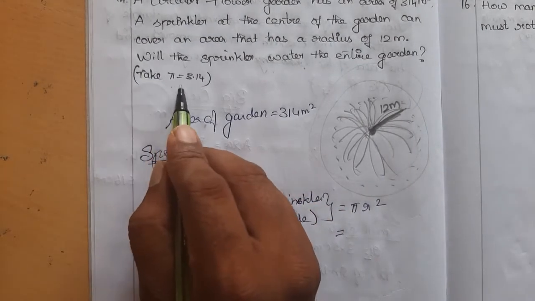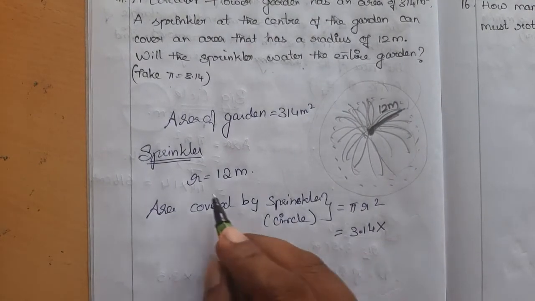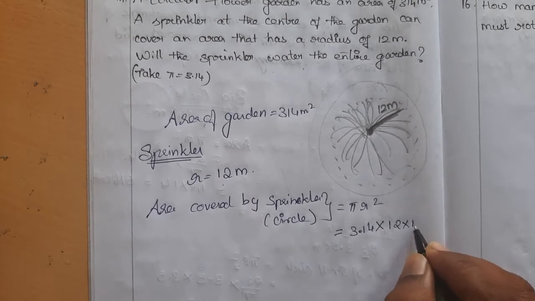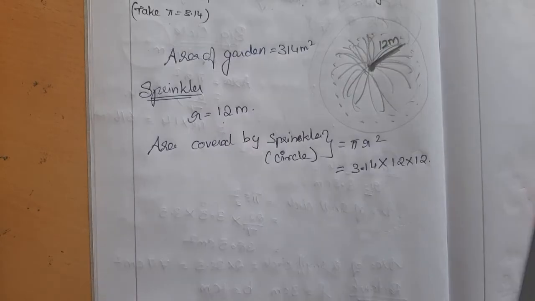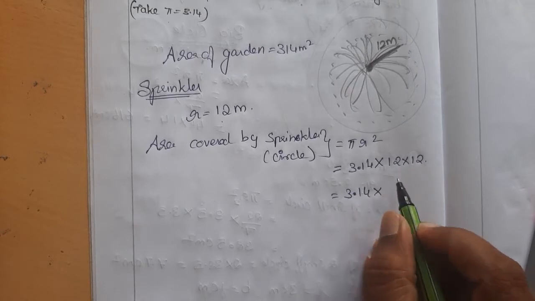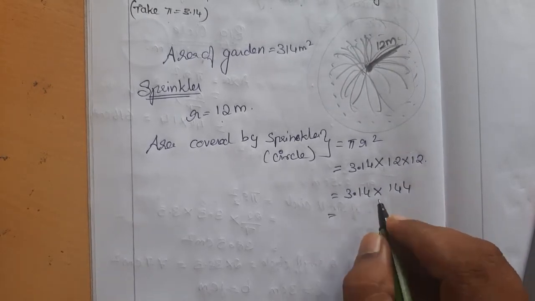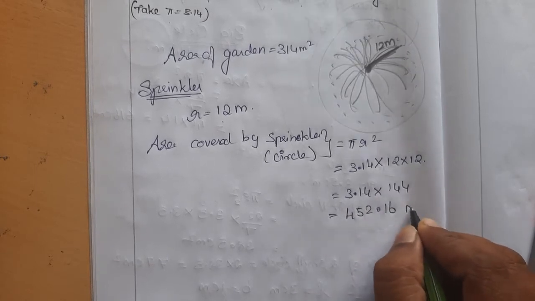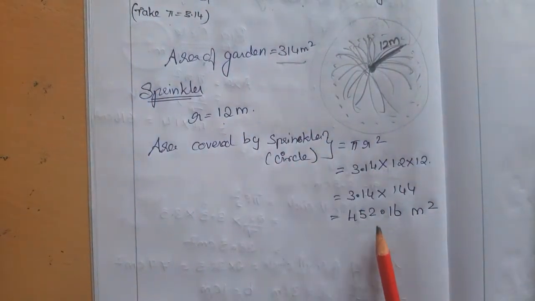They said to take the pi value as 3.14. So 3.14 into r, which is 12, 12 into 12, which is 144. 3.14 into 144 will become 452.16 meters square.